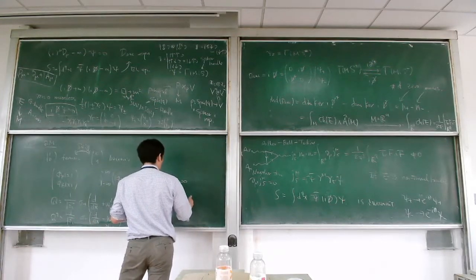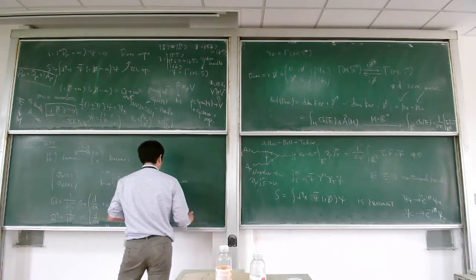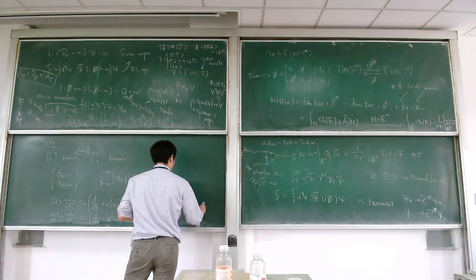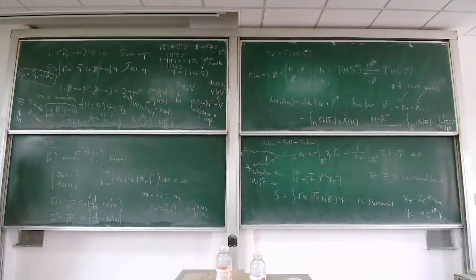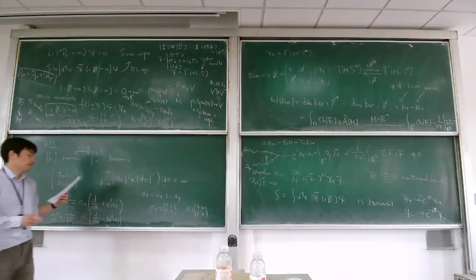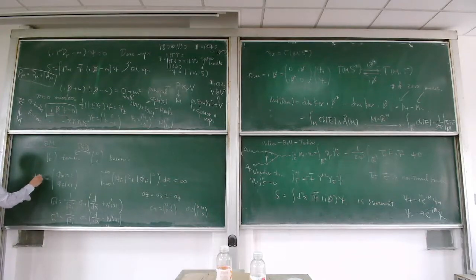Therefore psi plus is 1, 0, 0, 0 and psi minus is 0, 0, 1, 0. The Hilbert space is a wave function which decomposes into bosonic states, the lower one, and fermionic states, the upper one.